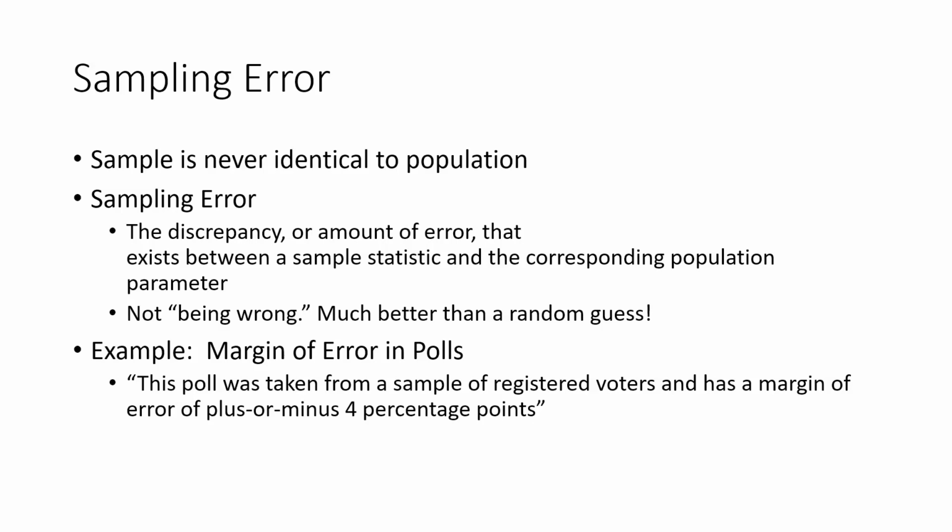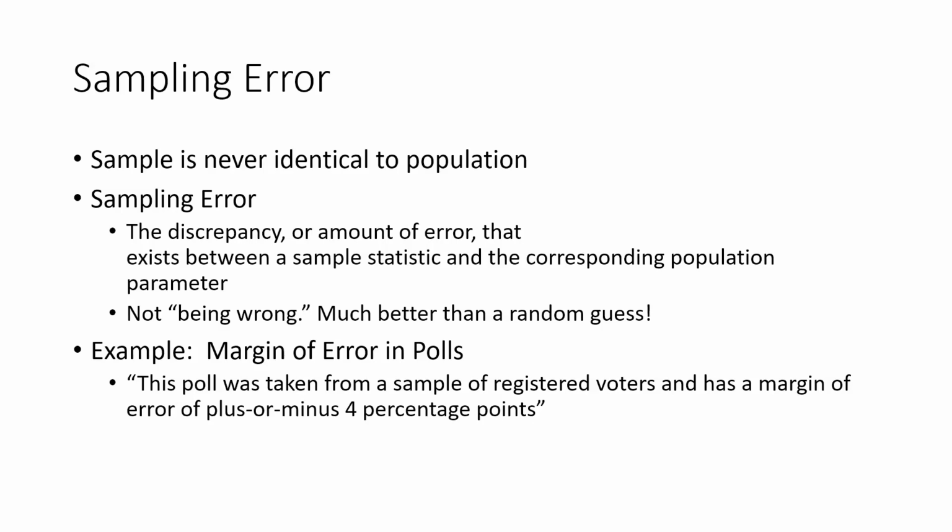This isn't really being wrong, because it's way better than just a random guess. If you were just to make a stab in the dark about how much the typical male in the United States weighs, you probably wouldn't be very accurate.